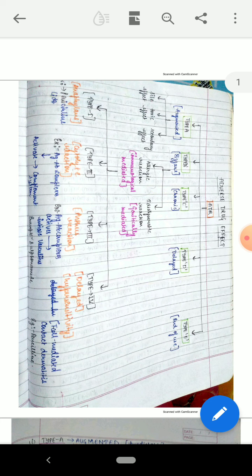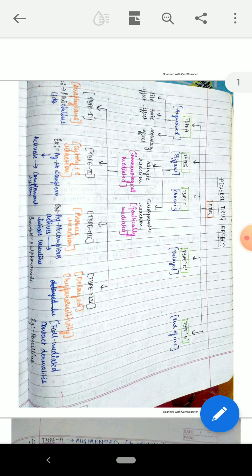As the name suggests, the names are similar to the meaning. Type A is augmented. Augmented is sudden and unpredictable, and it is divided into side effect, toxic effect, and secondary effect, but it can be reduced.